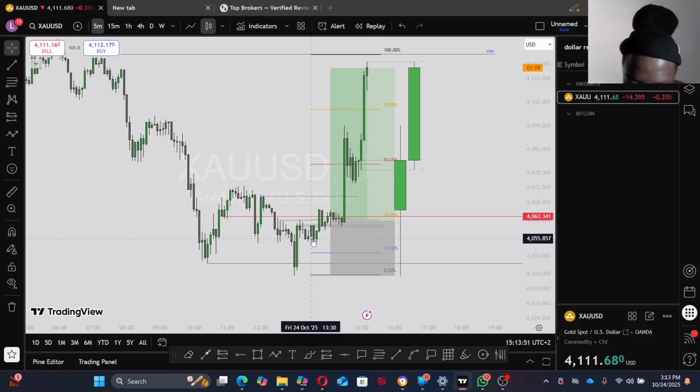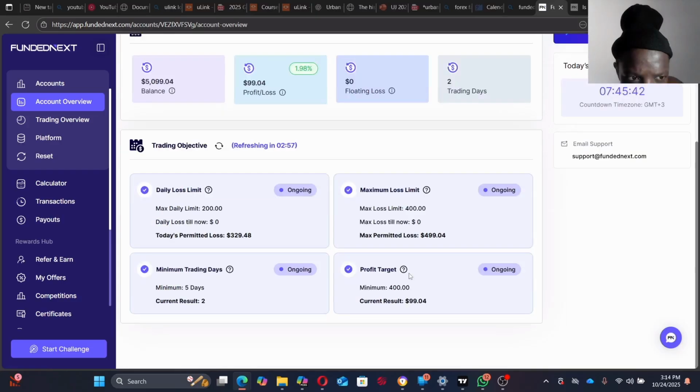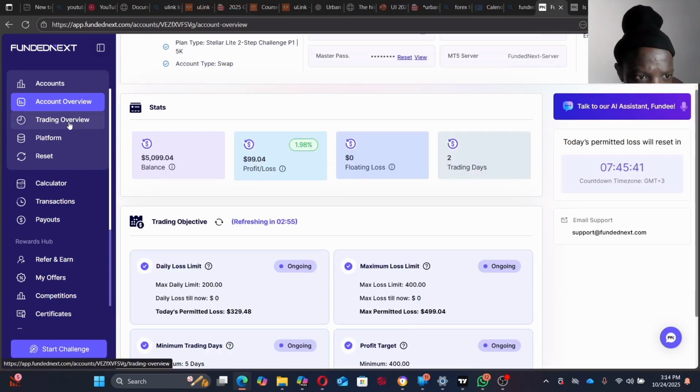So now we are up 1.98%. Let me go here. This is the account. This is our second trade on this account. I mean, this is day two. Day one was yesterday. Let's go to trade overview.